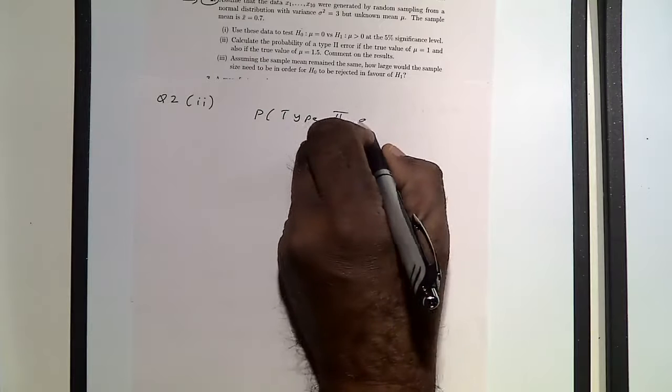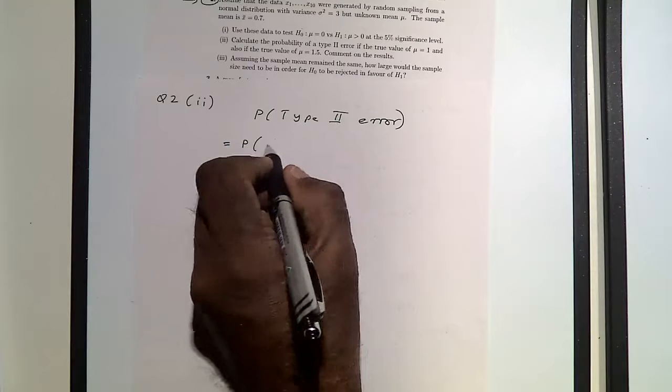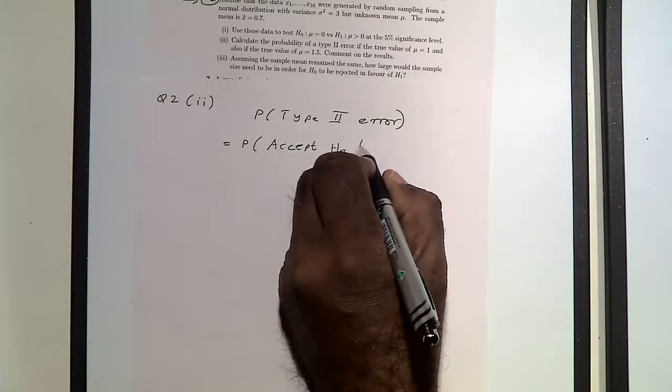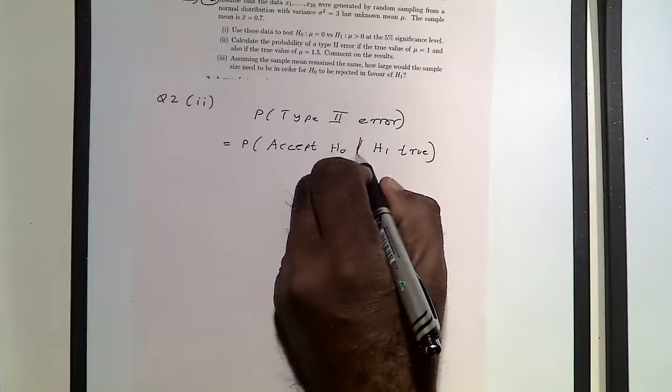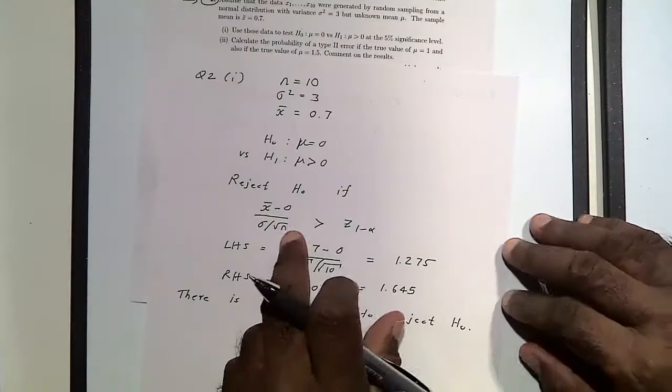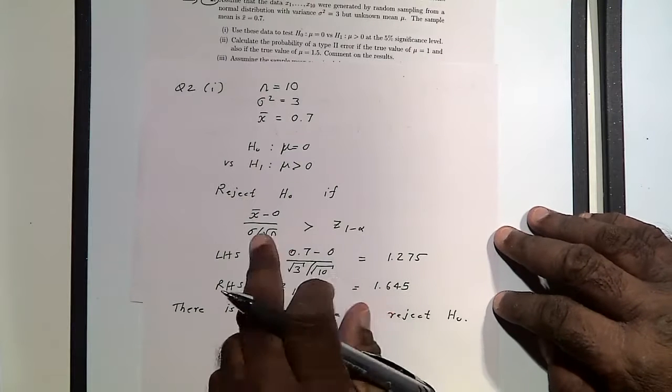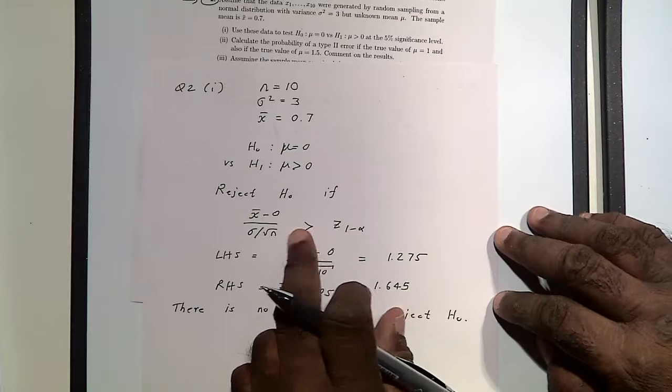I talked about type 2 error last week. What's that? It's the probability of accepting the null hypothesis when H1 is true. You may recall this. I think I talked about it in the review session last Friday. Now the rule above is the rule for rejecting the null hypothesis, so the rule for accepting the null hypothesis will be the opposite of this rule.